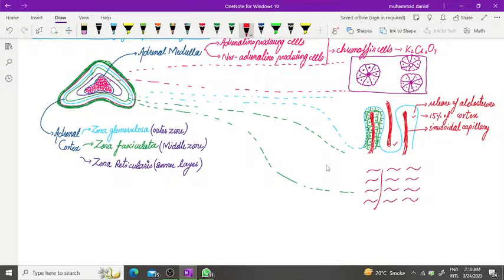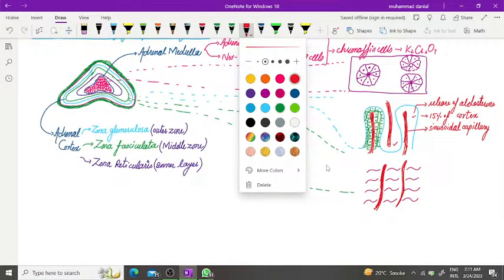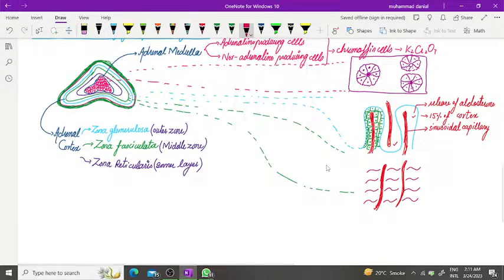These are again sinusoidal capillaries. So these are the cells of zona fasciculata. The cells of zona fasciculata look like in this shape.